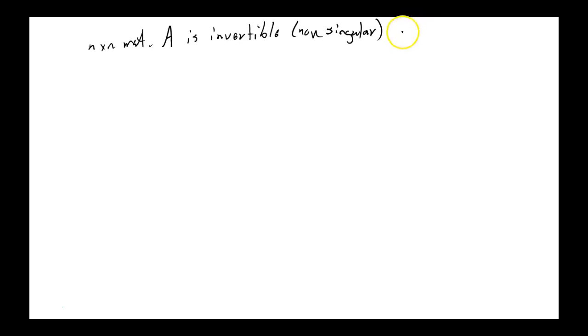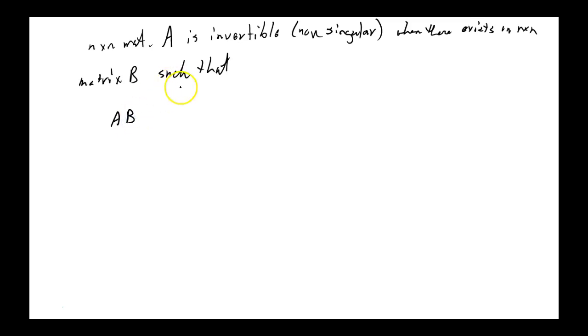When there exists another n by n matrix, okay, B, such that, now here's the requirement, AB is equal to BA.